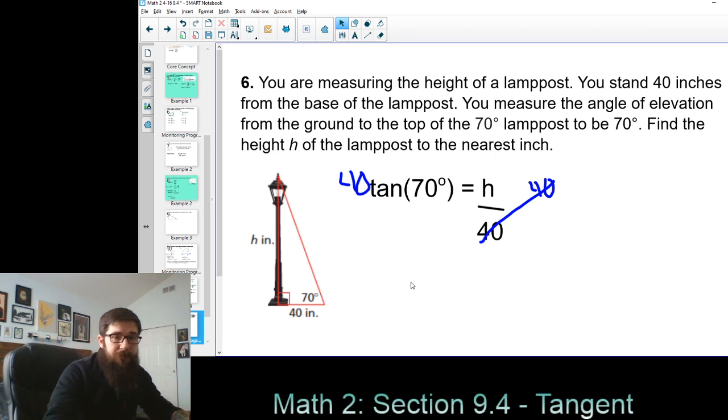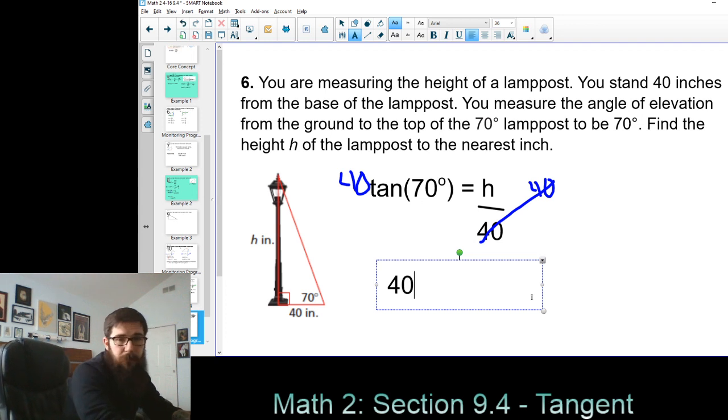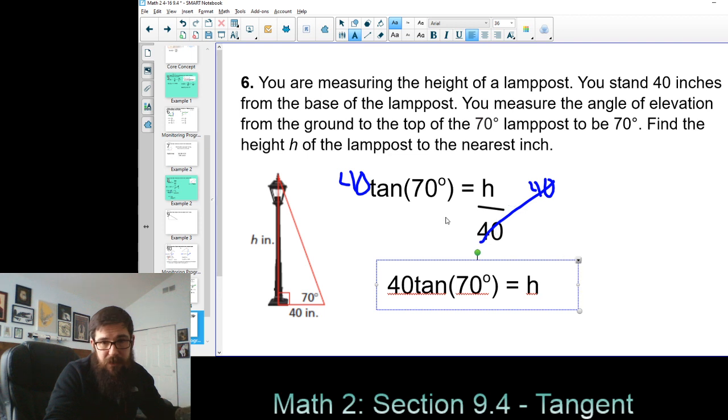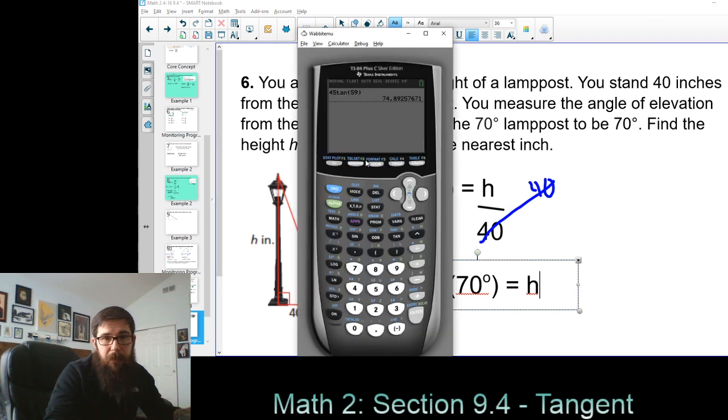So what am I going to get? And what do I need to type into the calculator? 40 tan of 70 equals h. Since we put in 40 inches, it's going to give us our number in inches. 40 times tangent of 70.